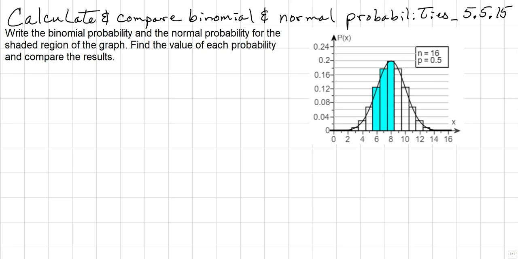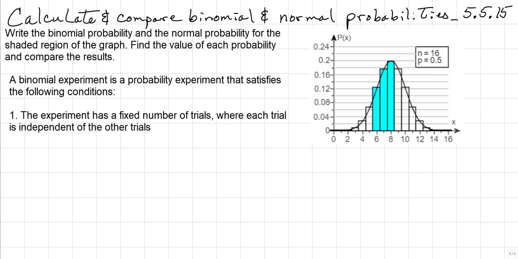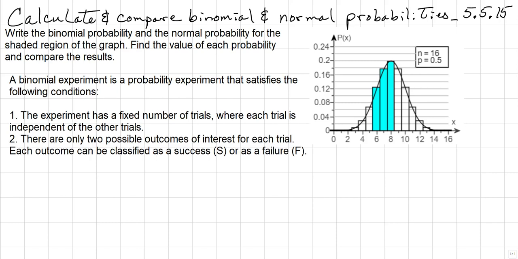So real quick, let's review binomial probabilities. A binomial experiment is a probability experiment that satisfies the following conditions. One, the experiment has a fixed number of trials where each trial is independent of the other trials. Two, there are only two possible outcomes of interest for each trial.